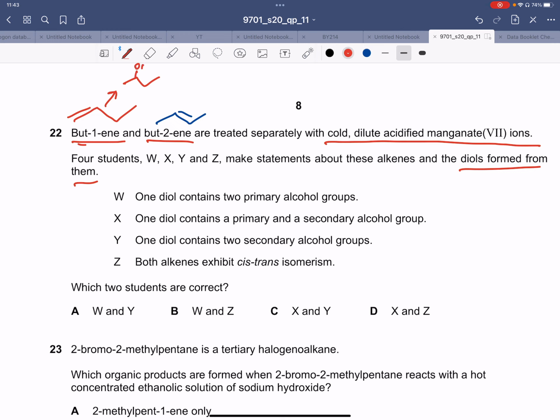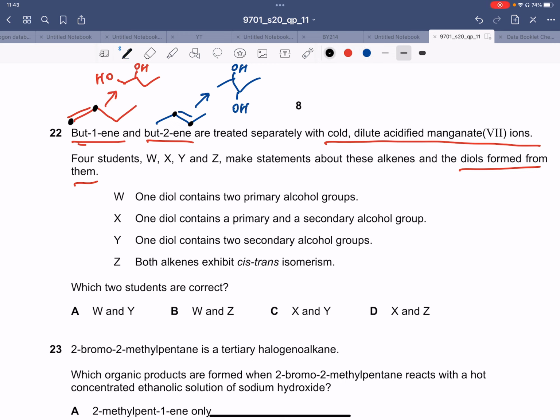You have an alcohol here, and you have an alcohol here. If you look at the ends, wherever the ends of that double bond are, you just attach an alcohol onto them on both sides. So in this case, for the other one, butadiene, it'd be over here, and it'll form an alcohol going here and here.